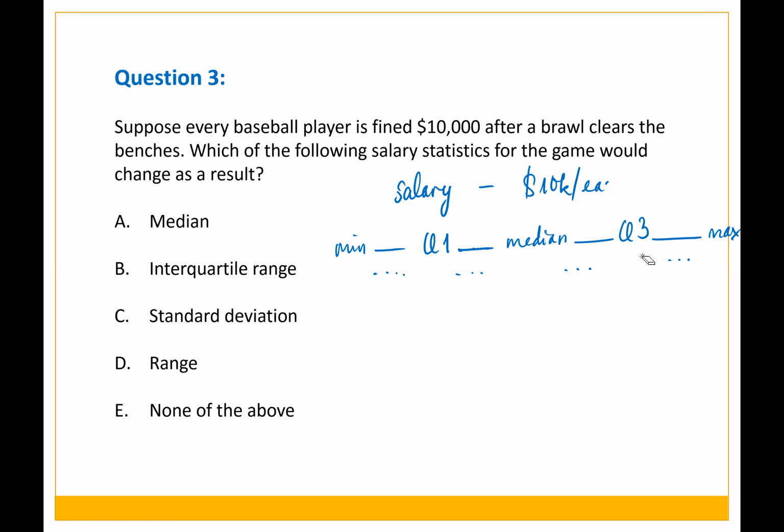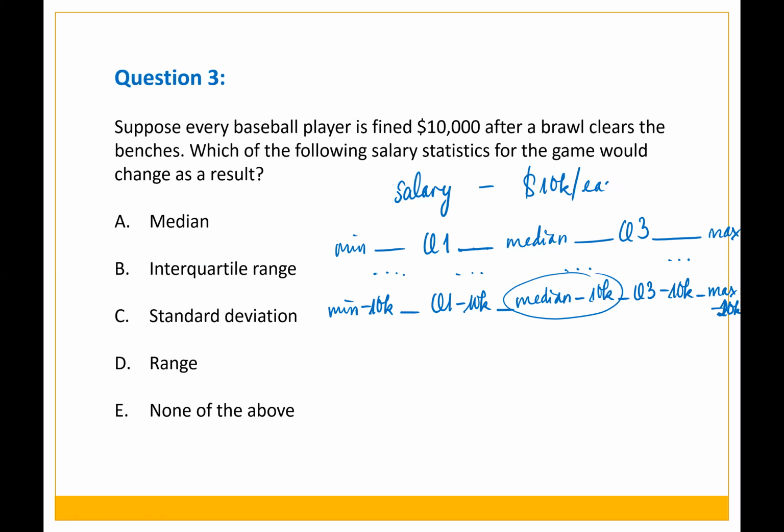Now, each of them is decreased by $10,000, so you have minimum minus 10K, Q1 minus 10K, median minus 10K, Q3 minus 10K, and maximum minus 10K. Now, let's look at the answer choices that we have. The median is definitely going to change. So it's A.